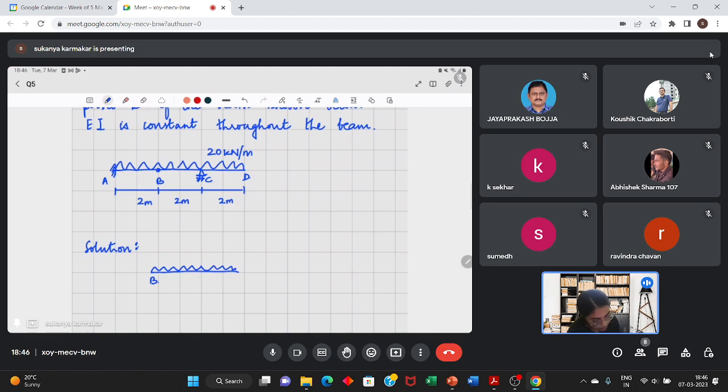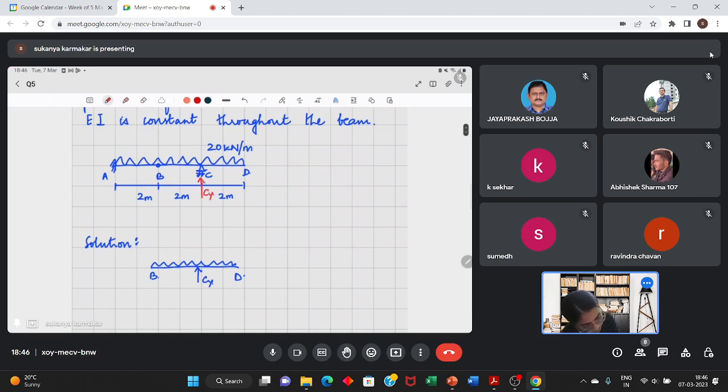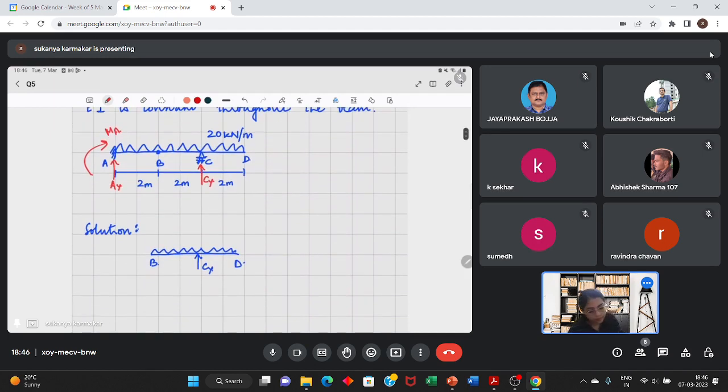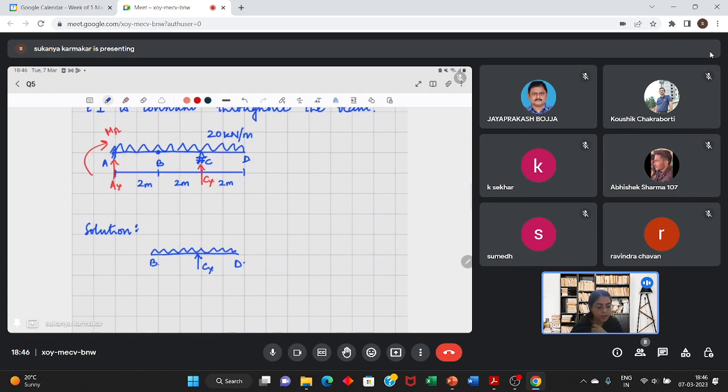So take the portion BCD. So at B, B is an internal hinge.